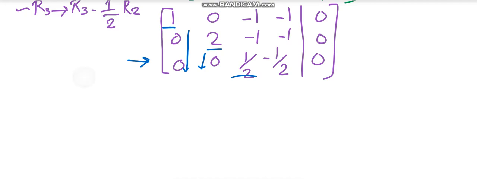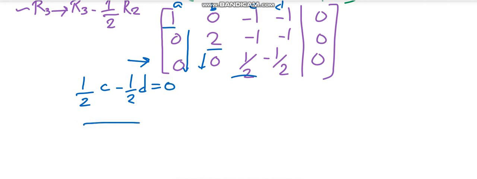All right, so these were the coefficients of A, B, C and D that we assumed initially. So this is 1 over 2 times C minus 1 over 2 times D is equal to 0. When I take the LCM, this becomes 2. So C minus D is equal to 0. Let's cross multiply them and you will get C minus D is equal to 0.